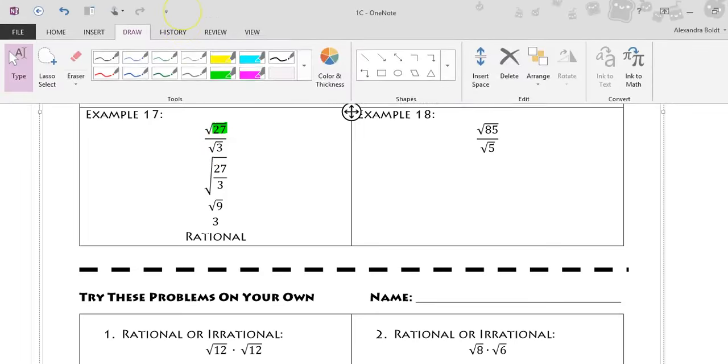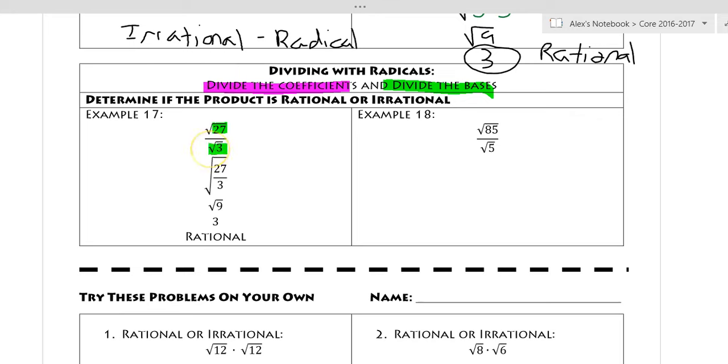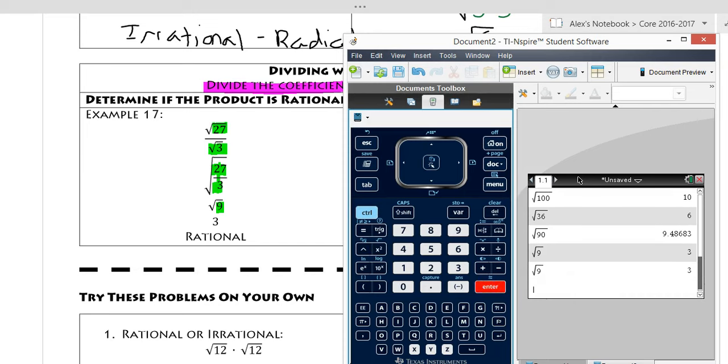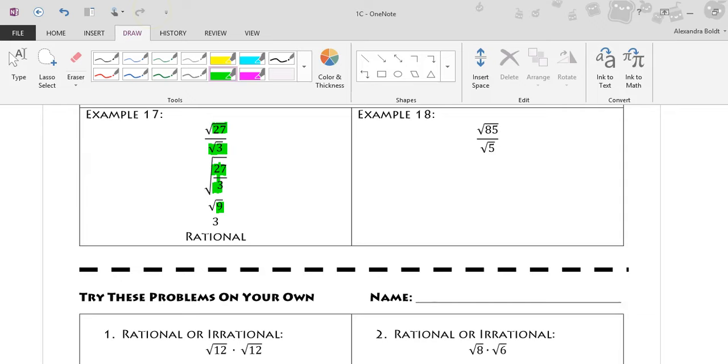Then under my radical, I just divide those, under one radical. So 27 divided by 3 is 9. And then I type that in my calculator. The square root of 9, again, is just 3. So since it's just 3, that's rational.